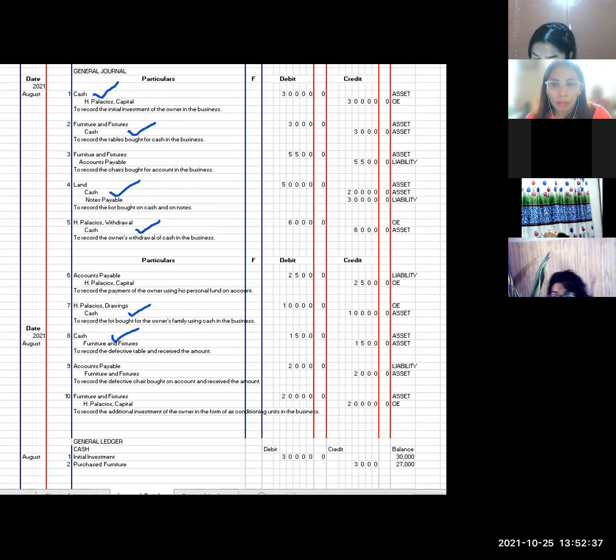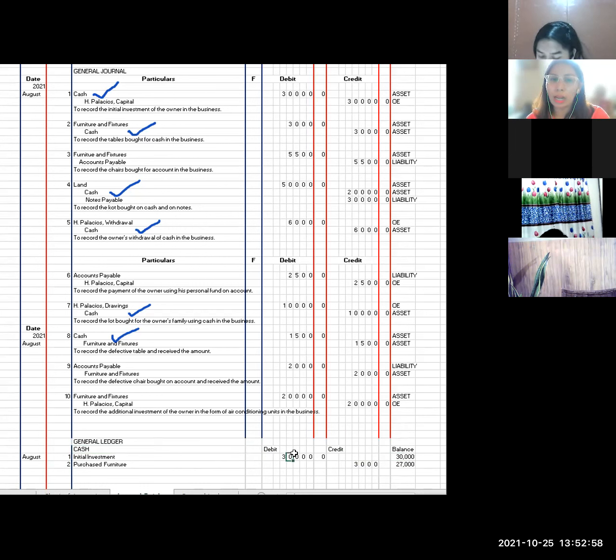Okay. The 30,000 pesos balance ay beginning entry ng cash title. Again, the 30,000 pesos here ay beginning entry or beginning amount ng cash account.